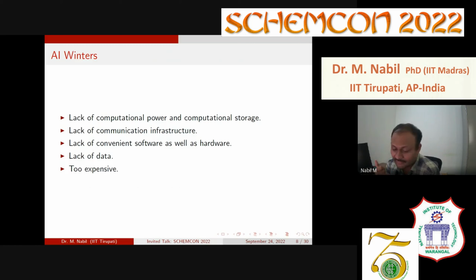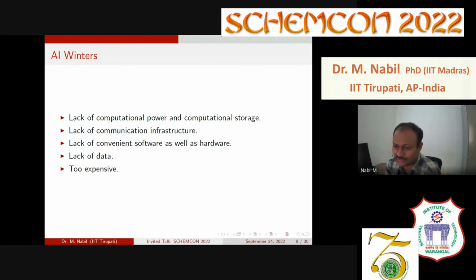We didn't have enough power, or the machines were not able to store a lot of data, as maybe your faculty who have been using computers over the period of time could relate to better, because we have seen how machines have become better and better in just a decade. Also the communication infrastructure, like the one that you realize today using Wi-Fi and the transfer of data, the use of smart sensors in transferring data even without a physical hardware connection.